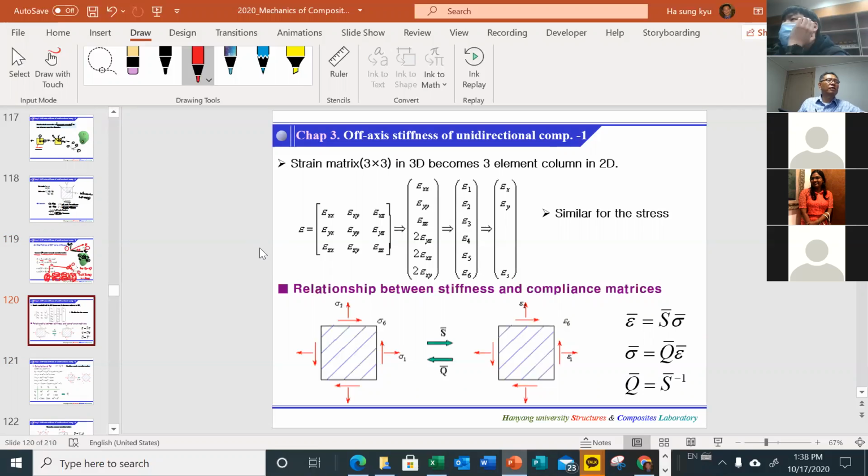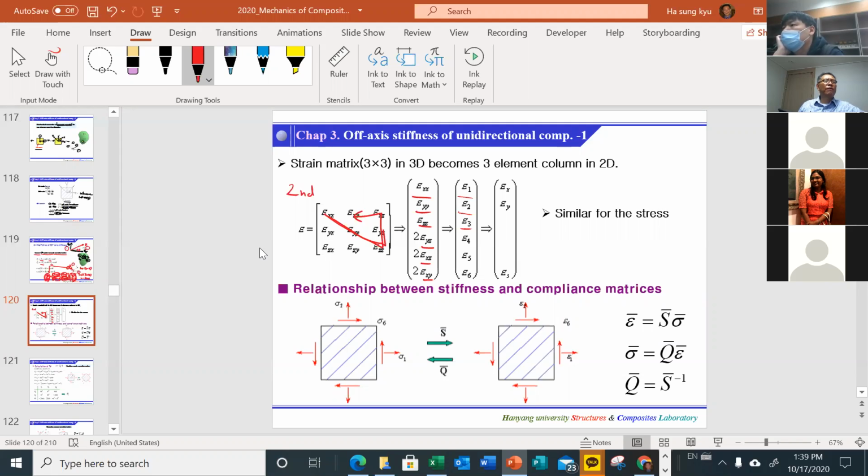The strain is always a second order tensor. In the XYZ coordinate system it is 3 by 3, and we use this order: epsilon xx, yy, zz, then yz, xz, and xy, and make it a column form.